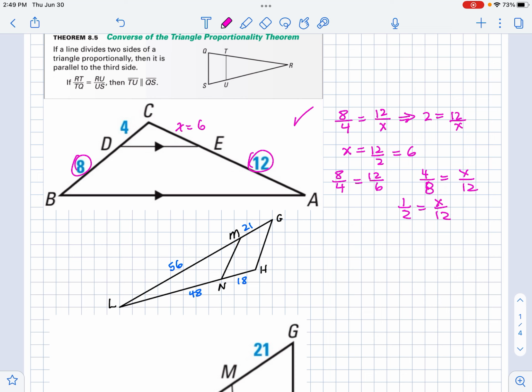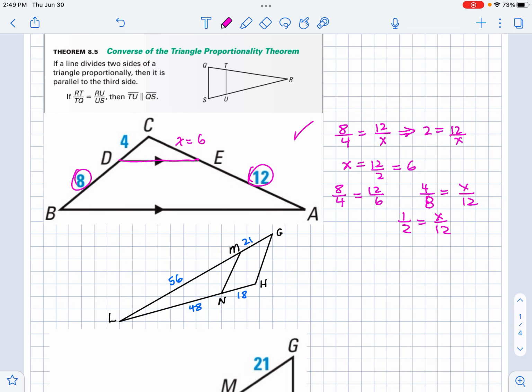Now, this is something that we can do if we know these lines are parallel. If we know these lines are parallel, then we know that proportionality exists. Let's suppose that we don't know the lines are parallel. Like, consider this case where I have this line and this line. Let's suppose I want to test to see if MN is parallel to GH.